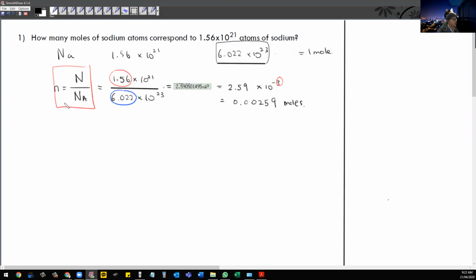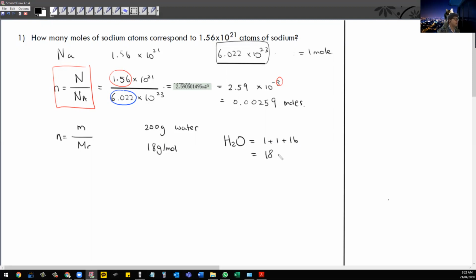Now there is another formula for number of moles, and number of moles is given by mass divided by molar mass, okay? Of course, I think you guys know a little bit about this. So if you have 200 grams of water, well, we know that the molar mass of water is 18 grams per mole. The reason is water is H2O, made up of 1 plus 1 plus 16 approximately. 1 is the molar mass of hydrogen, there are 2 of those, and 16 is the molar mass of oxygen.